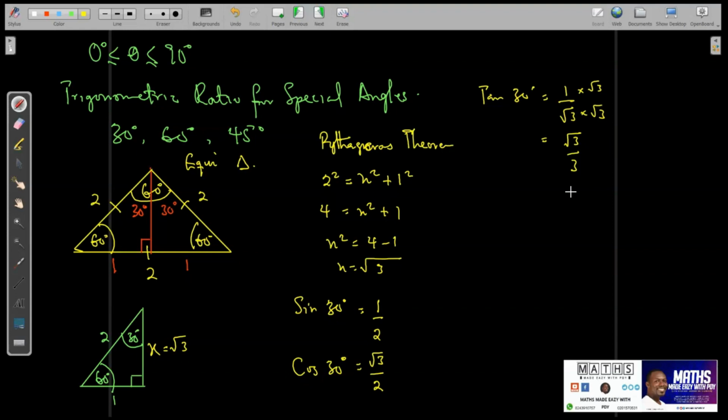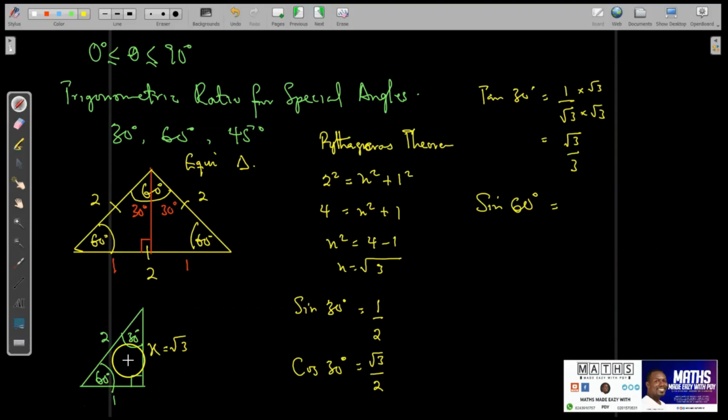Can we go to the next special angle, which is 60 degrees? We are looking at sine of 60 degrees. We are still using the triangle as we have here. So sine of 60 degrees, depending on the position of 60 degrees, we must know the opposite side of 60 degrees.